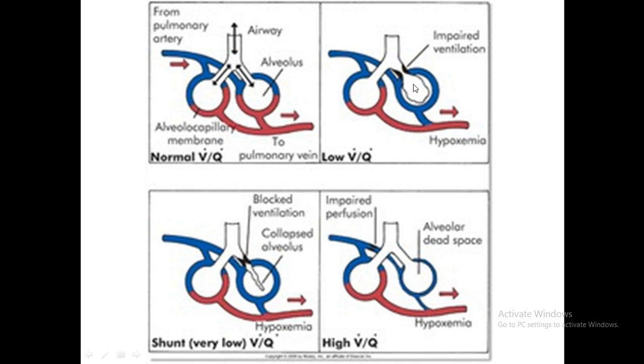If there is any obstruction, we can have a low ventilation perfusion ratio and hypoxemia. With an extremely low ventilation perfusion ratio, we can have the shunt. And here we have the high ventilation perfusion ratio, and you can see the impaired perfusion because of an obstruction. The alveolus is properly ventilated, but it is useless because of the impaired perfusion. So the end result is the high ventilation perfusion ratio.